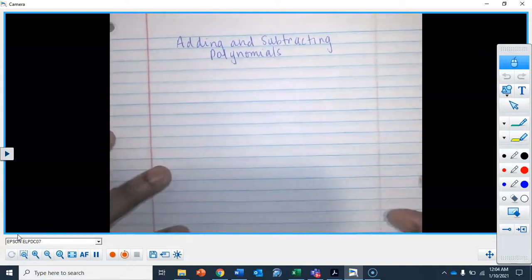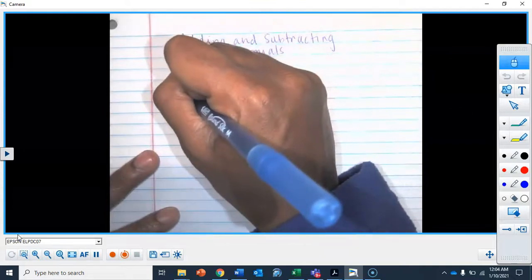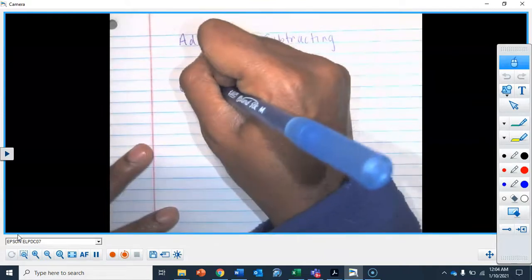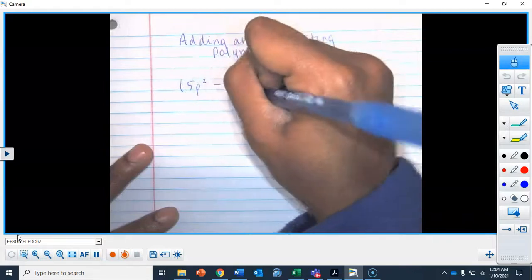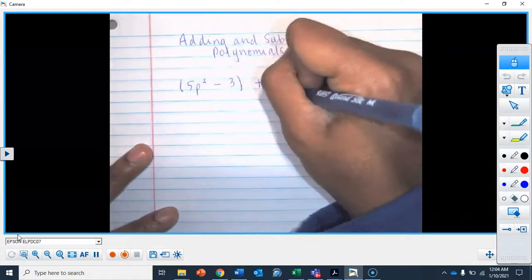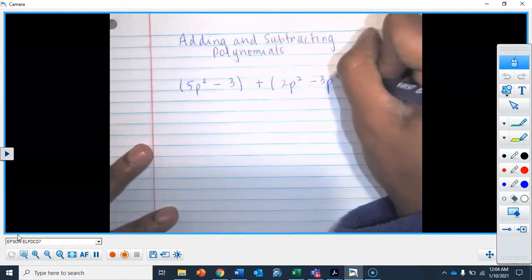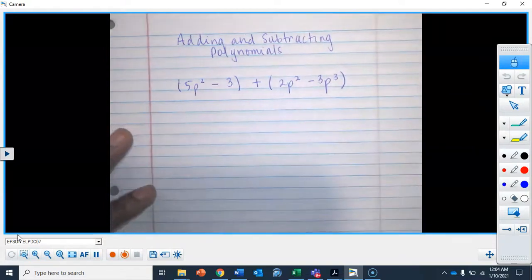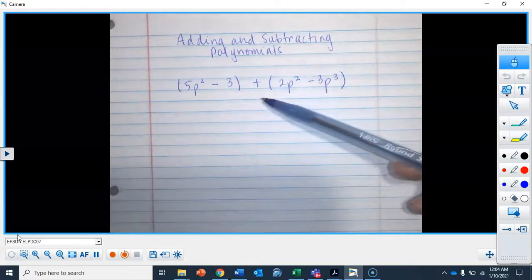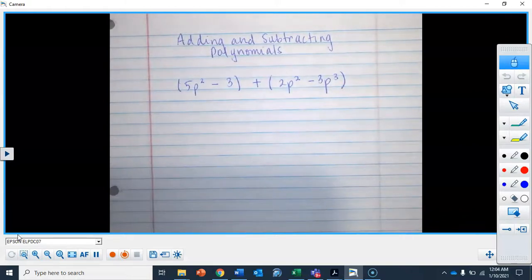So the first one we're going to do, and I am going to alternate between addition and subtraction, is 5p squared minus 3, close parentheses, plus, and then our next binomial is this one here. As you can see, there's an addition symbol in between these two binomials.